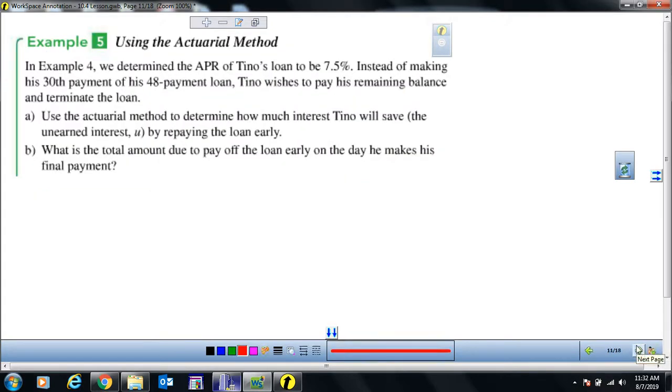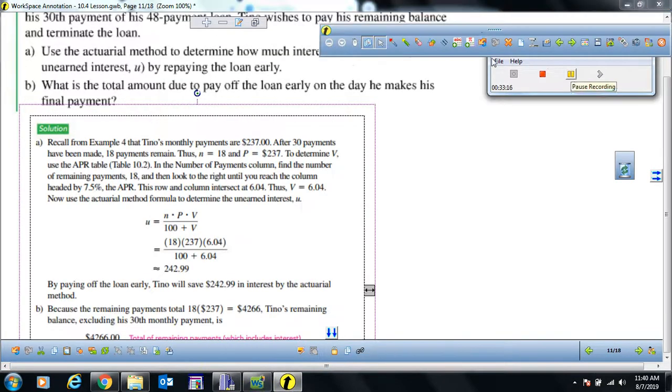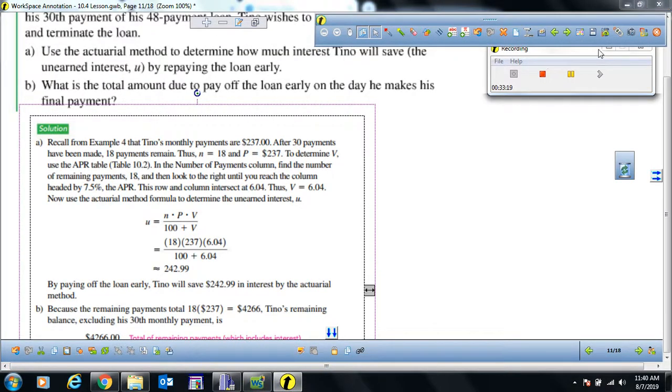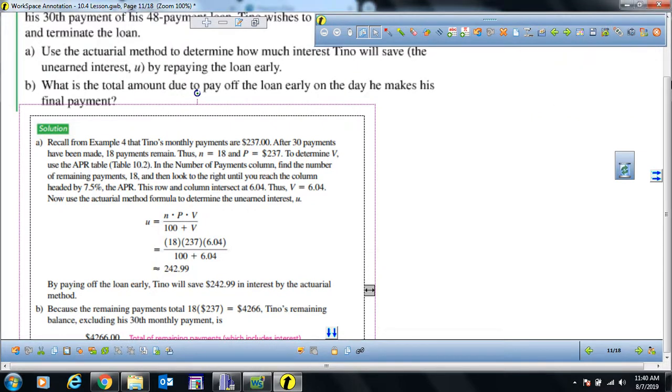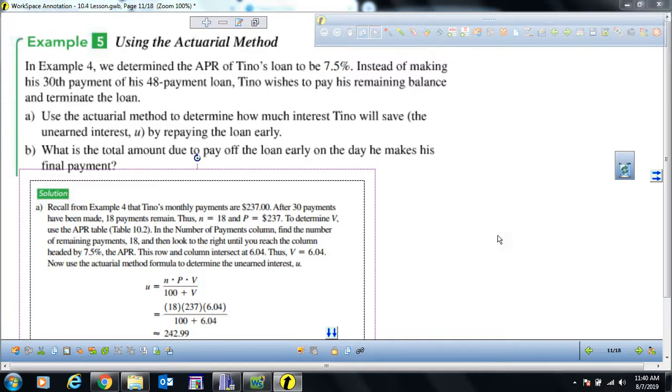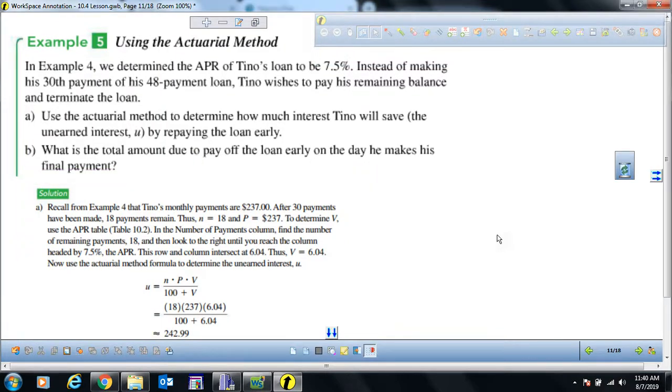So let's apply that here on this problem. Okay, here we have, it says in example 4, the one that we just did, we determined the APR of Tino's loan to be 7.5%.